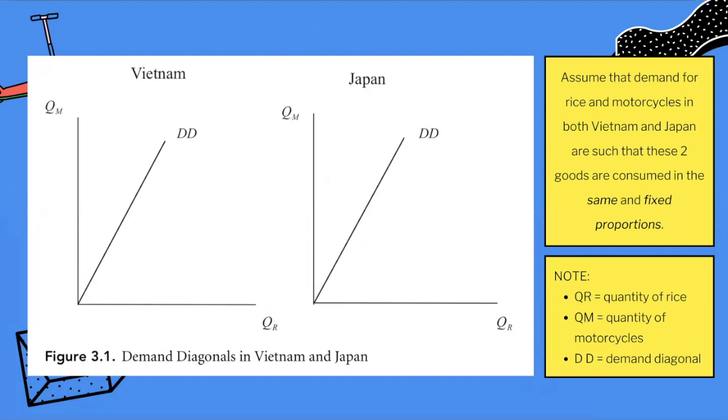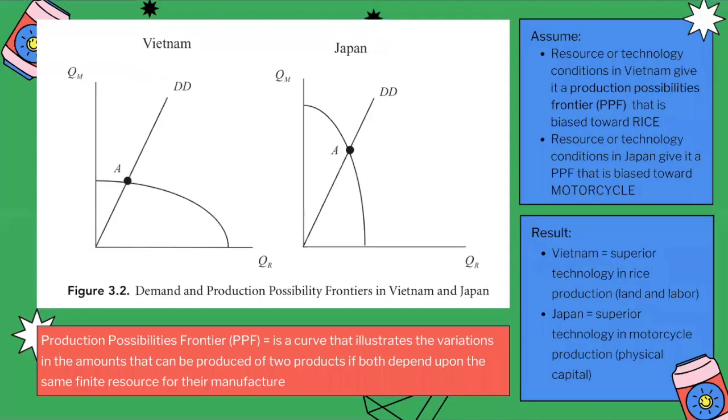In the previous chapter, chapter 2, it says that trade often arises due to differences in supply conditions. So next we will use the example of supply conditions that differ between Vietnam and Japan. Assume that the resource or technology conditions in Vietnam give it a production possibilities frontier, or PPF, that is biased towards rice, and the technology condition in Japan is biased towards motorcycles.